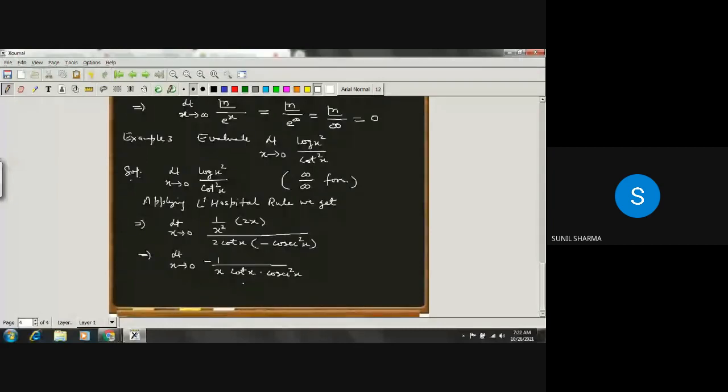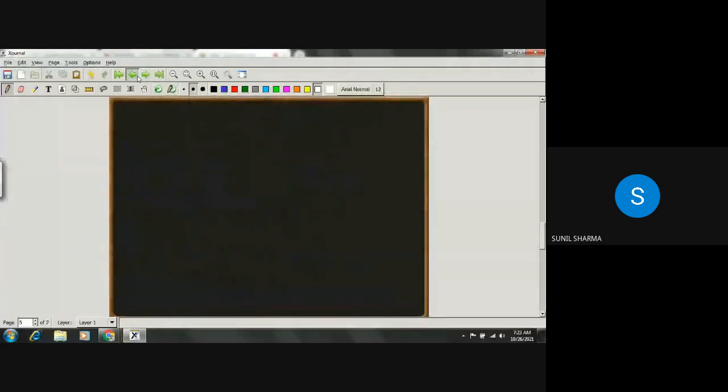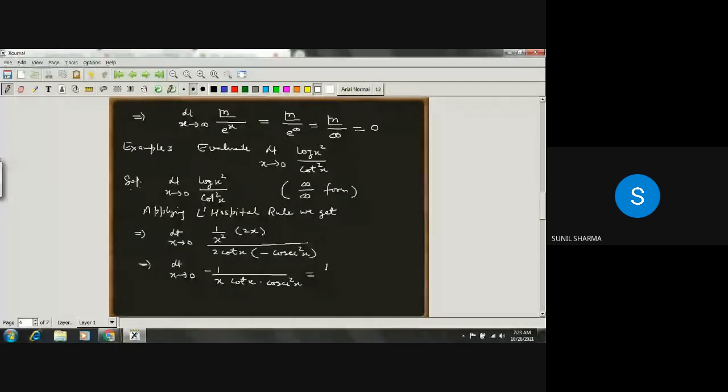So we can write this as limit x goes to 0 of minus, 1 upon cot x is tan x and 1 upon cosecant square x is sin square x, divided by x. So I can divide it as tan x upon x.